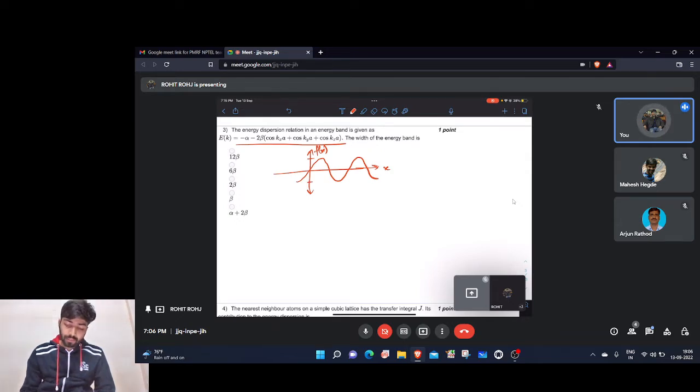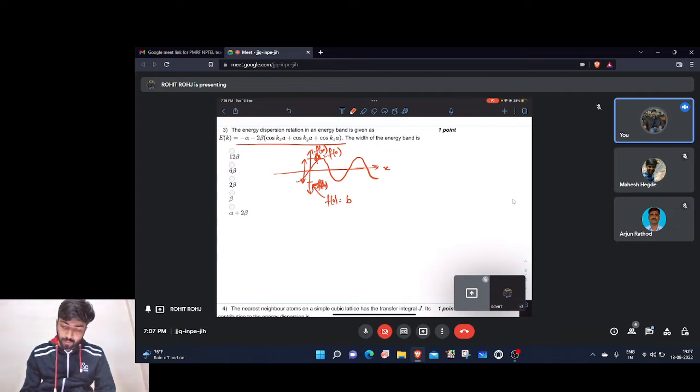So in this case the function can oscillate between this value.